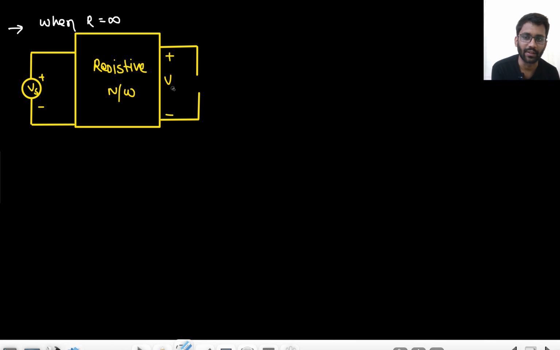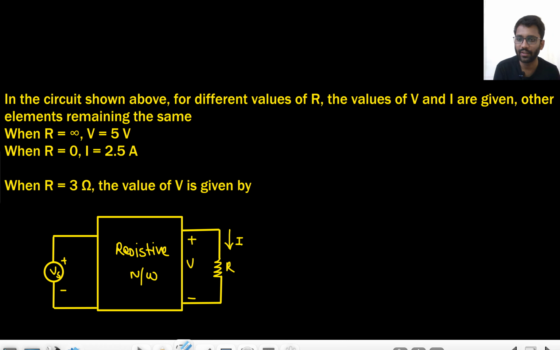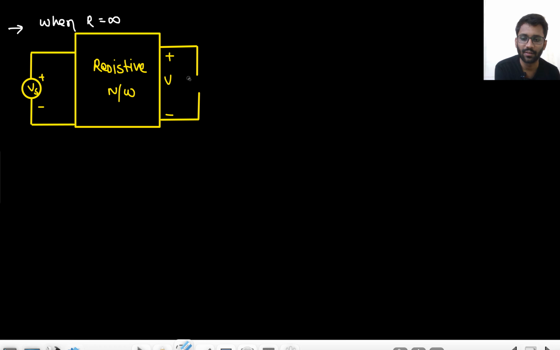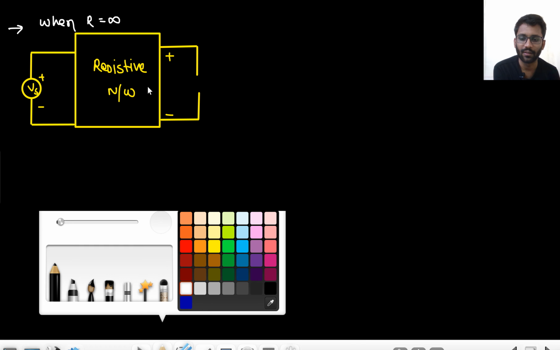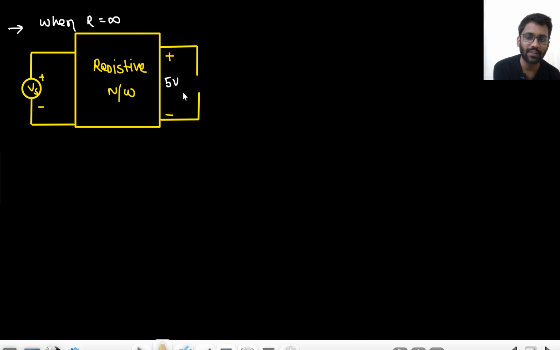This will be open circuited, right? And when R is infinity, you are getting 5 volt here. What is Thevenin voltage? The load is open circuited and we get the value of voltage there. You don't do anything with the Vs. So with the load open circuited, you calculate the value of voltage there. This value is simply Vth, that is 5 volt.